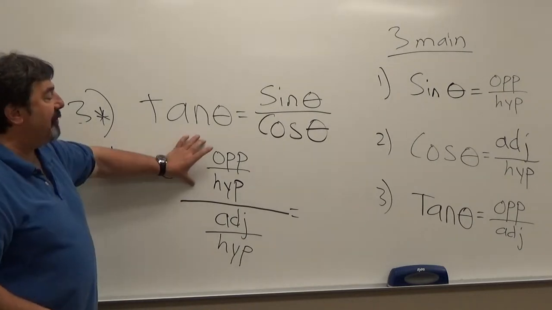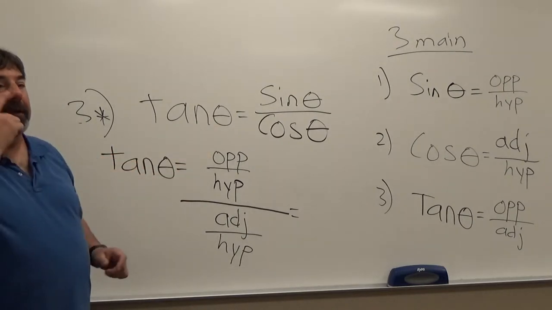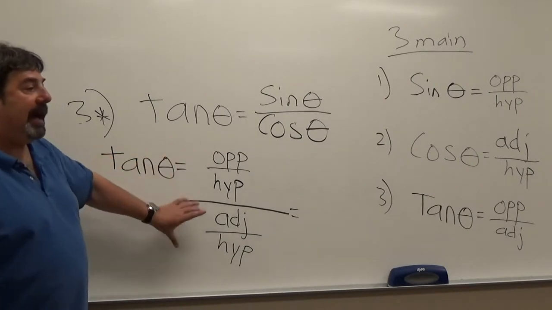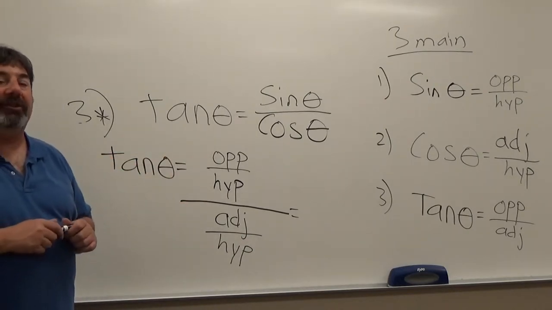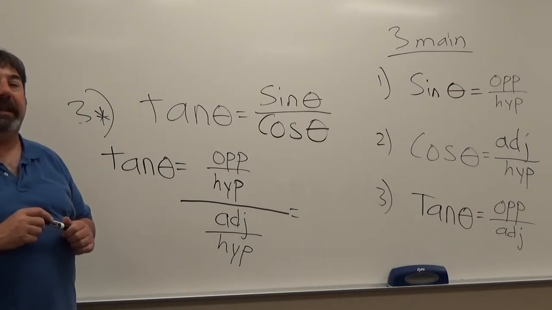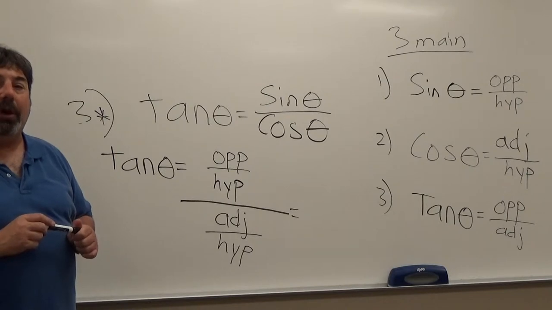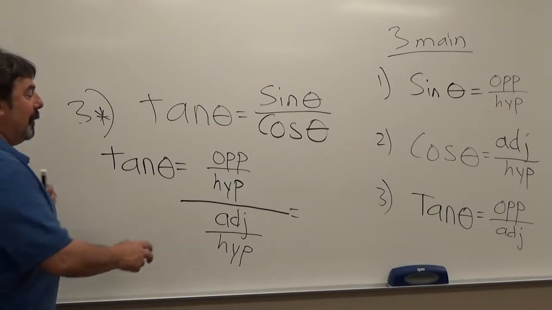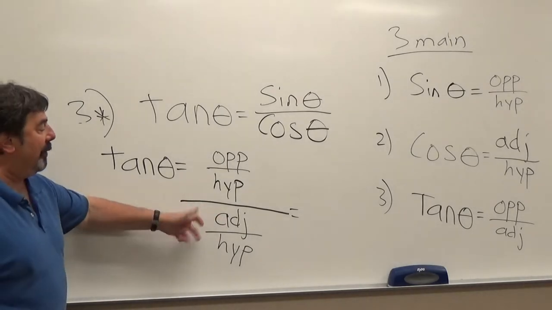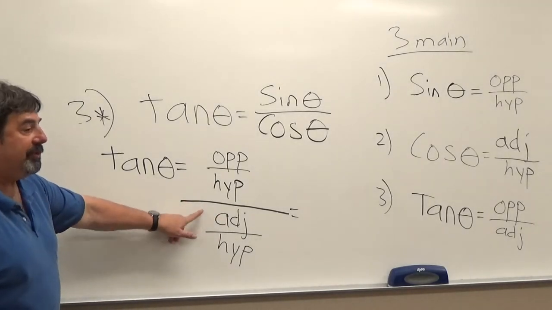Anytime you have a fraction in a fraction, and in this case we have a fraction in both the numerator and denominator, whenever you have a fraction in a fraction, you always can reduce that by taking the reciprocal of the denominator. So in this case, here's your denominator. Its reciprocal will be hypotenuse over adjacent.